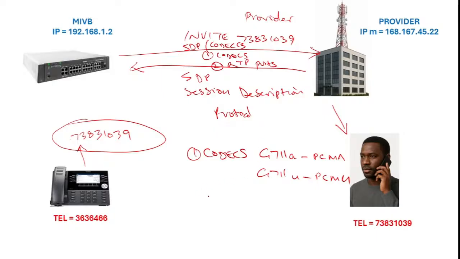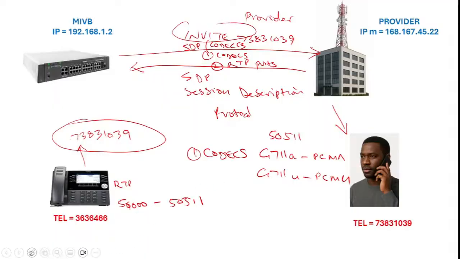And the RTP ports, because it's Mitel, the RTP port range is from 50,000 to 50,511. So it's going to say probably you are going to use the first port, let's say 50511. It is there in the invite, all this information.